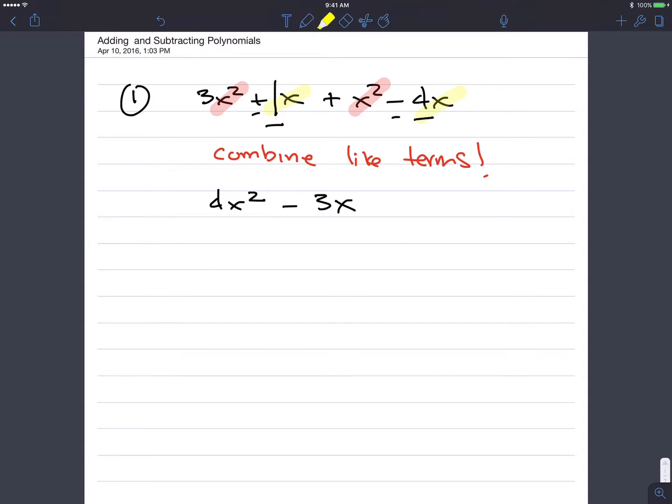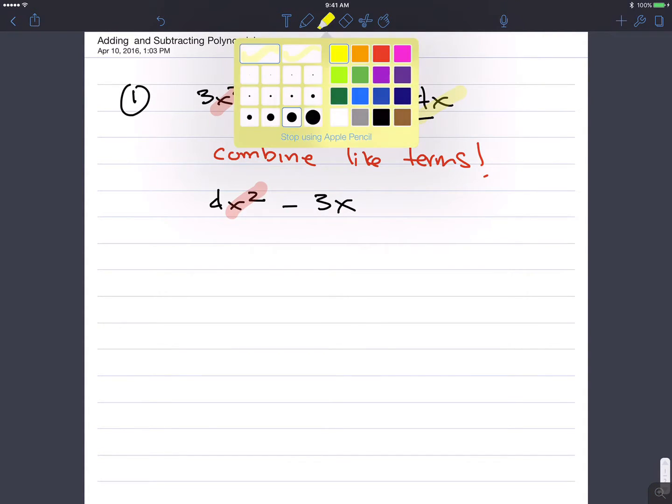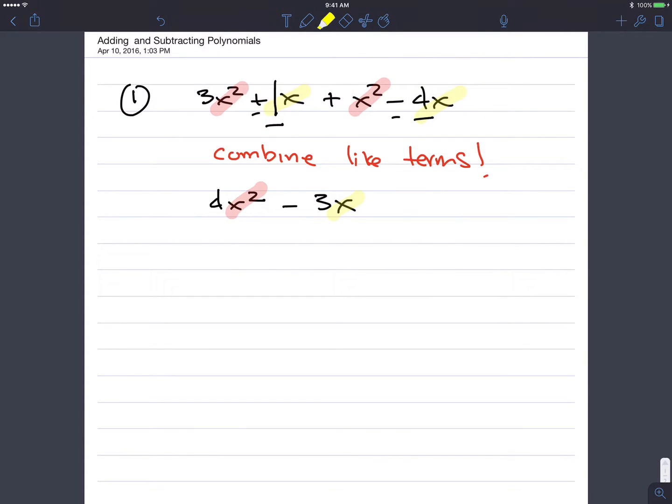Now remember, we can't add or subtract our apples with our bananas. In other words, we have combined like terms, and this is done. That's what we're going to be doing here for all these problems. So combining like terms is really combining the terms that are exactly alike, meaning they're the same.